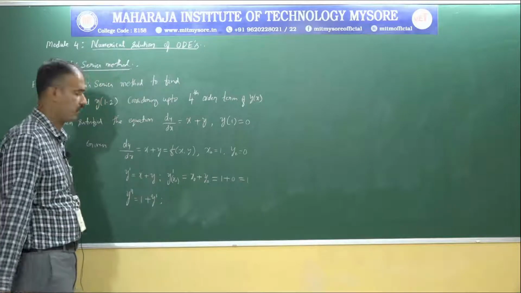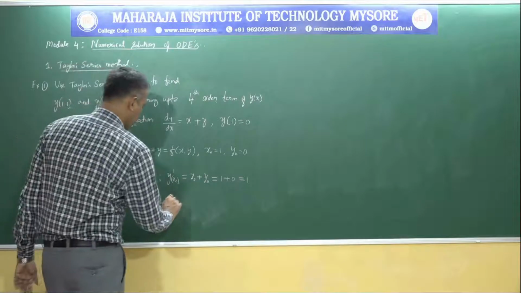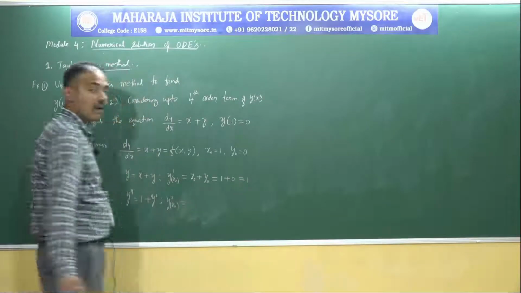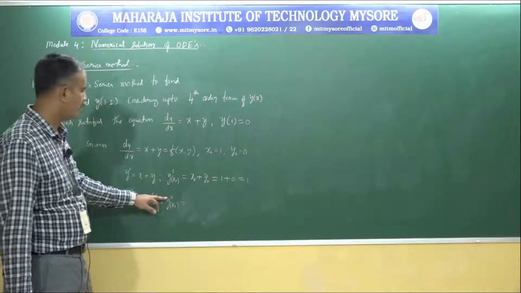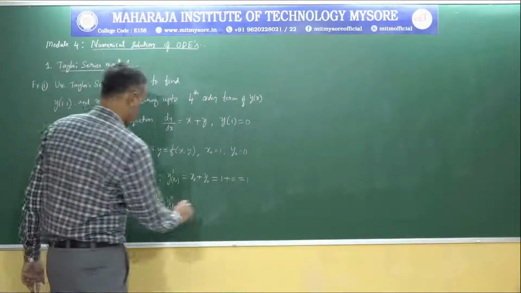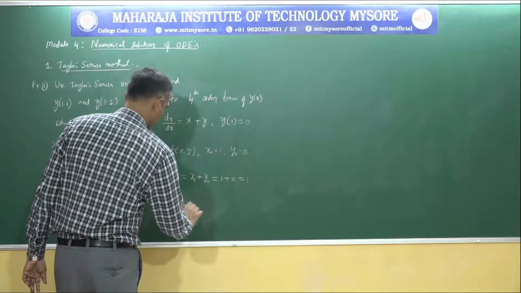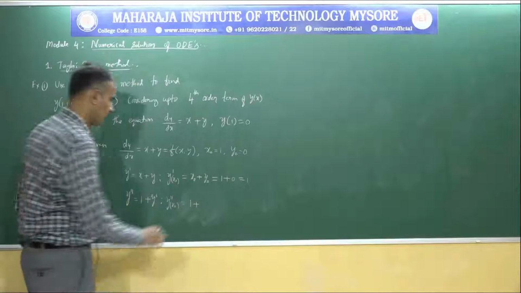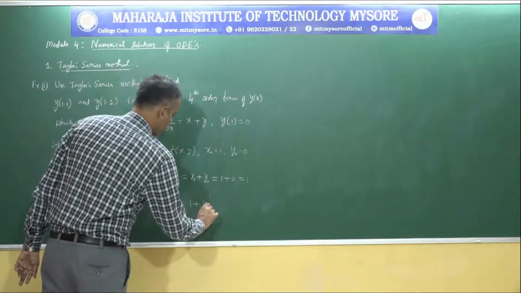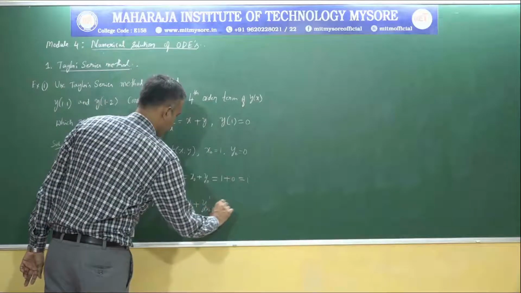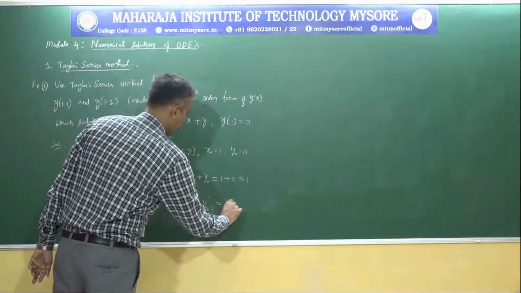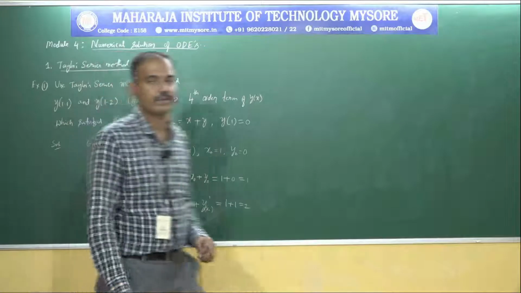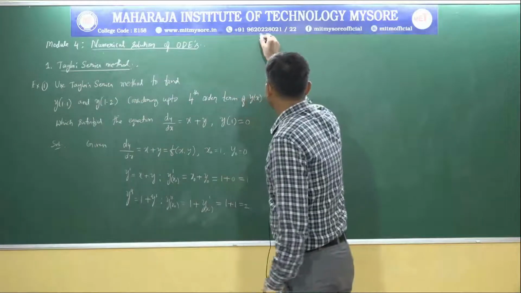So y double dash of x naught is 1 plus y dash of x naught, which is nothing but 1 plus 1 is equal to 2 here. Now the next observation.